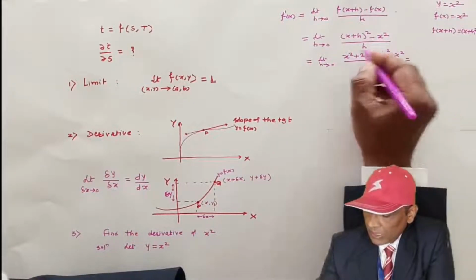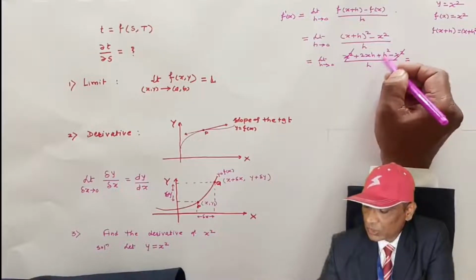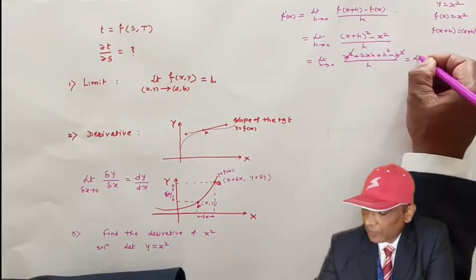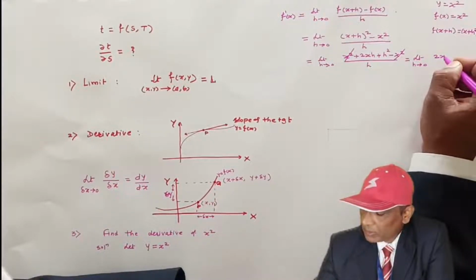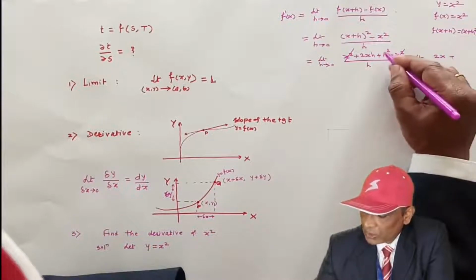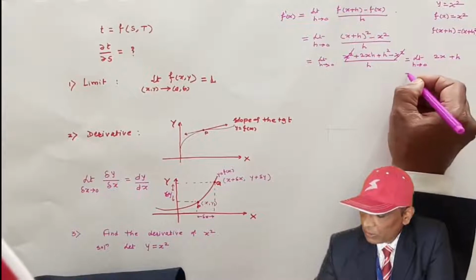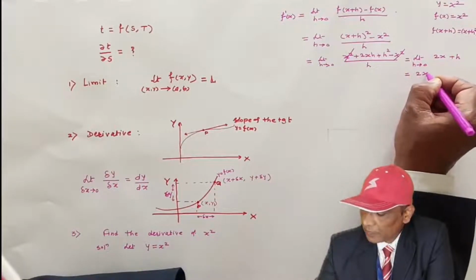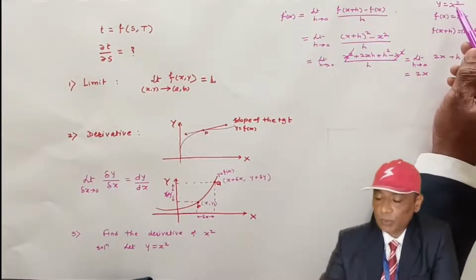Now x square gets cancelled, and we have 2xh divided by h and h square divided by h, with limit h tends to 0. That is 2x + h. Now put h equal to 0, so you get 2x. In this way, we found the derivative of y with respect to x.